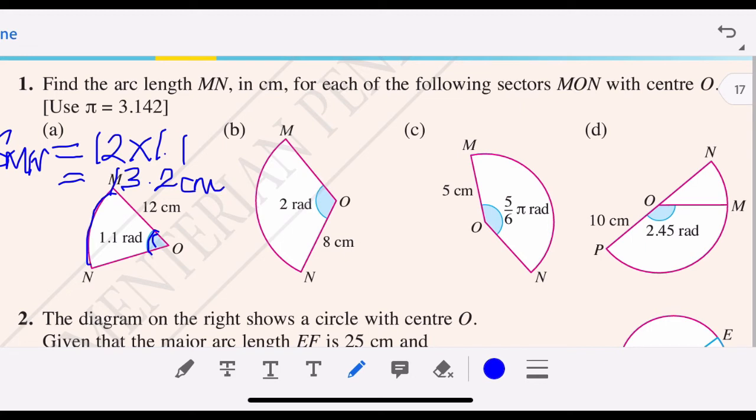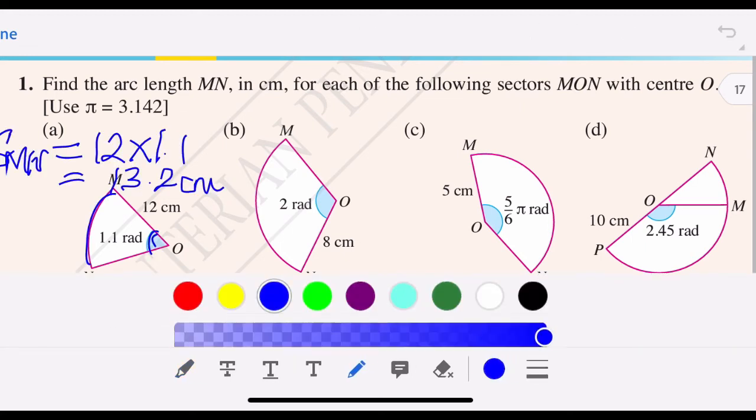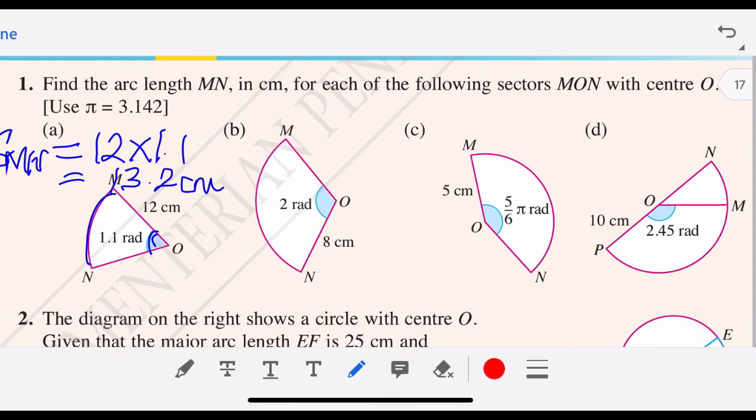Okay, for the B, the angle is still in radian, so for you to calculate this is 8 times 2, which is 16 centimeter, right? Quite easy.